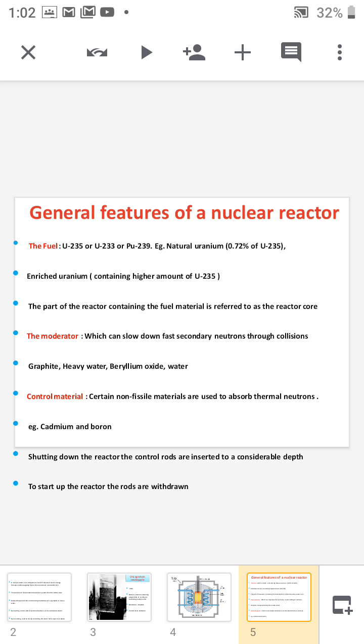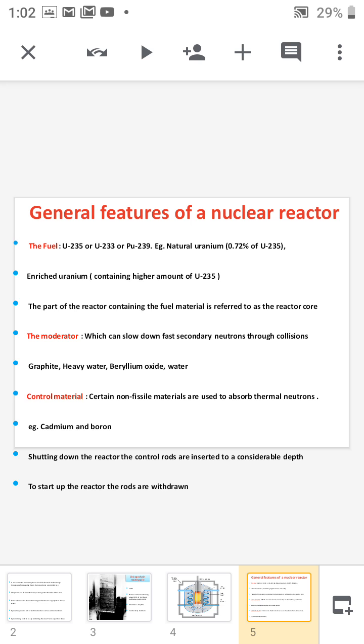In order to shut down the nuclear reactor, we have to insert the control rod to a considerable depth. And in order to start up the reactor, we have to withdraw this control material to a particular depth. So these are the controlling materials which are used in a nuclear reactor.